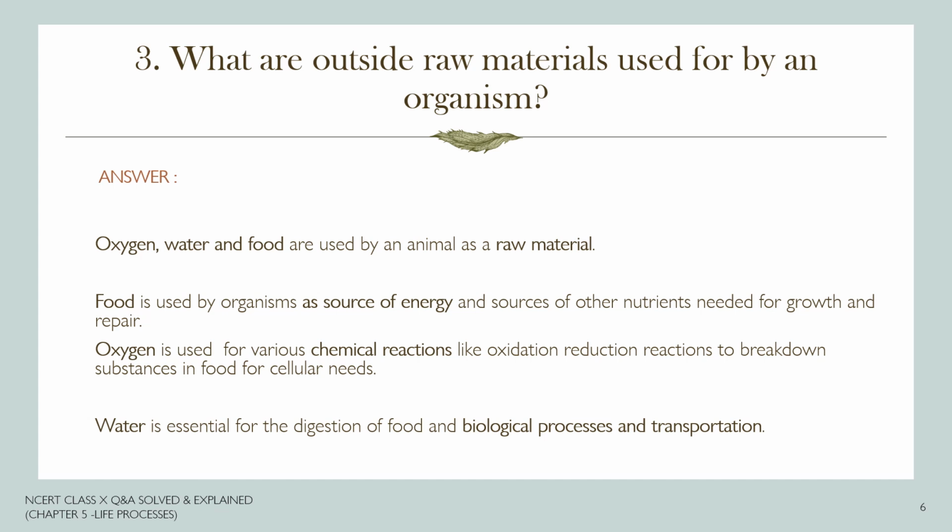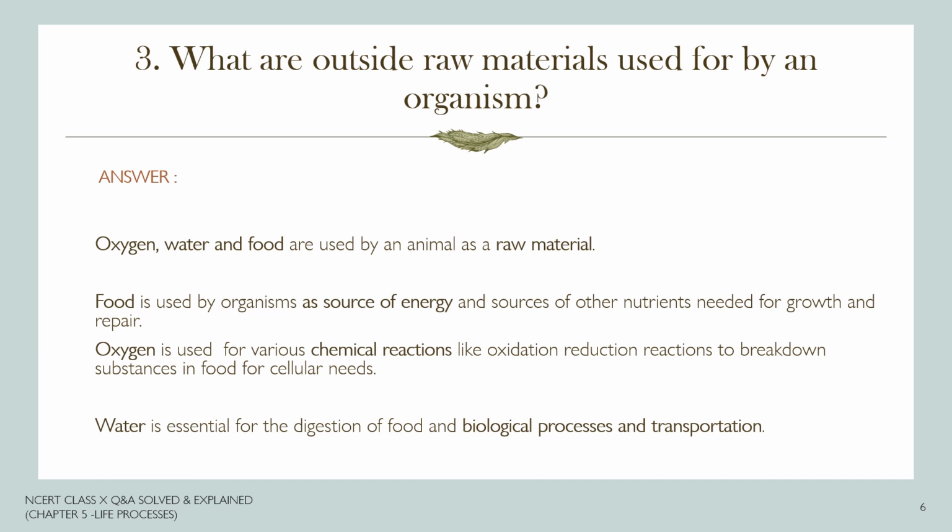What are outside raw materials used for by an organism? First, we need to understand what are the raw materials. Basically, oxygen, water, and food. These are the things that the body takes from outside, and then we are using them. So, food we use as a source of energy.